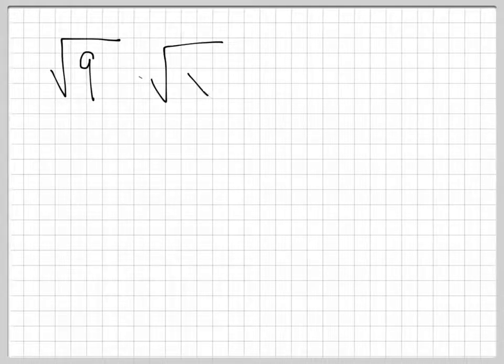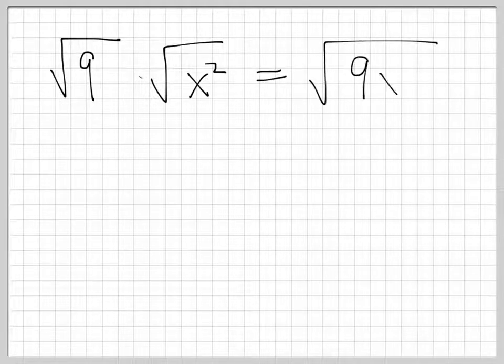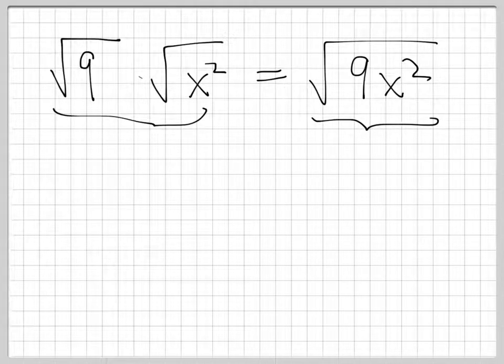And so if you look at something like radical 9 times radical x squared, and radical 9x squared, it turns out that both of these sides are equal, as long as 9 is positive, which it is, and as long as x squared is positive, which it is. So sometimes instead of computing the right side, the left side here is actually easier.